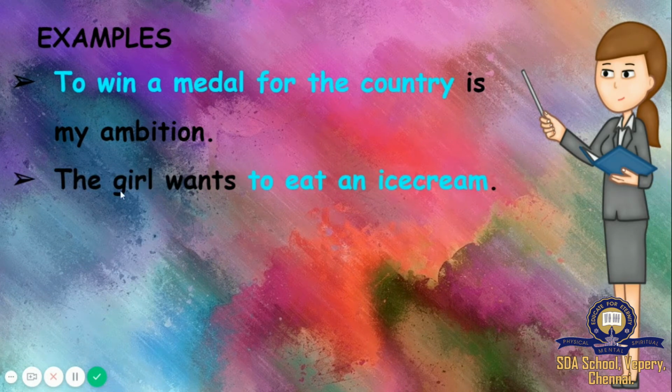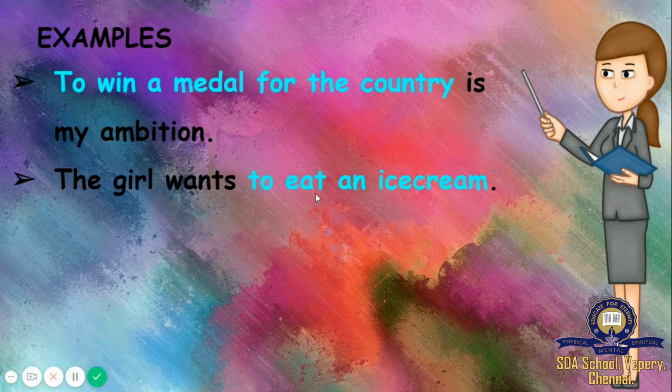The girl wants to eat an ice cream. So what does the girl want? To eat an ice cream. So in this, to eat an ice cream is a noun phrase because it is answering the question what. It is acting as a noun.